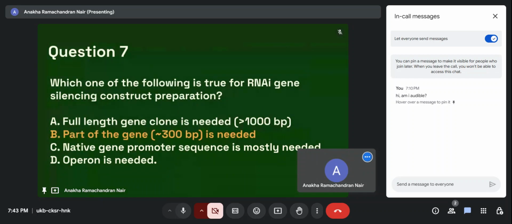This portion is very crucial, because it will act as a template for the production of the small molecules that will target the mRNA to have the gene silencing effect.